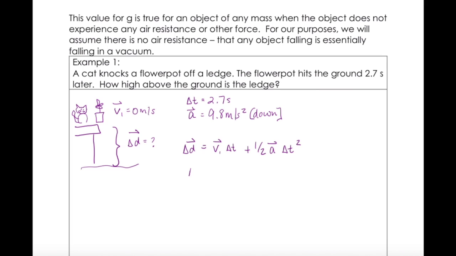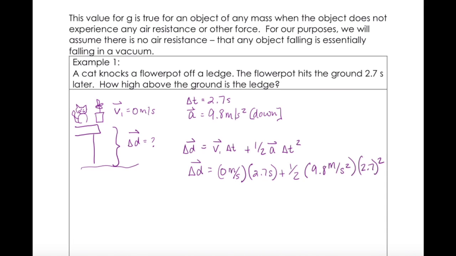Plugging in the values, v1 was 0 times our time, plus 1/2 acceleration, which is 9.8, times our time squared.